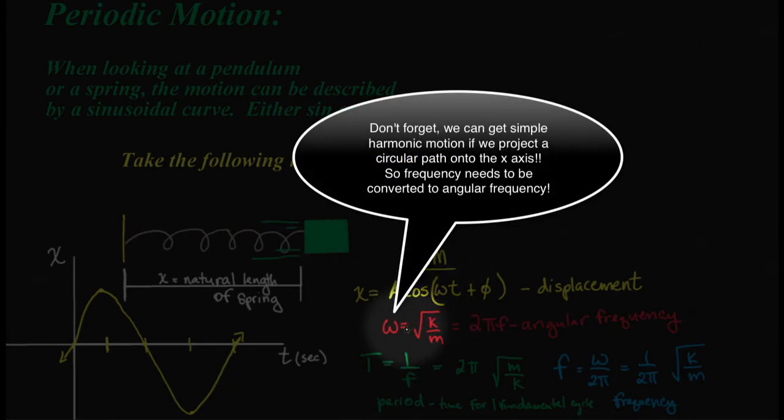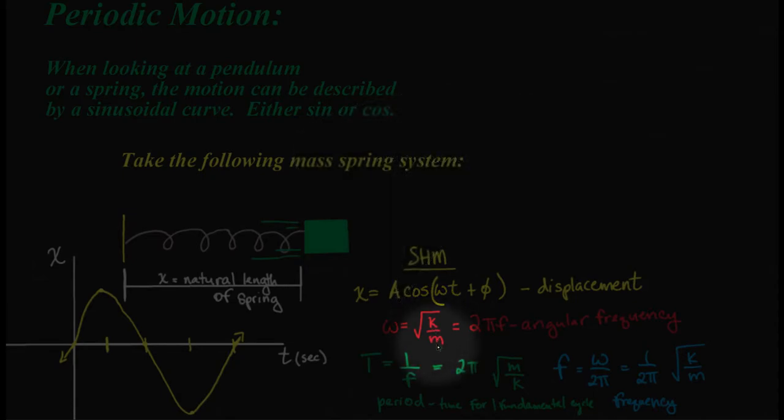The angular frequency is either equal to 2 pi f or the square root of the spring constant divided by its mass. This frequency is the angular frequency over 2 pi, if we divide both sides by 2 pi. And we know that angular frequency is also equal to the square root of k over m, so we can rewrite this formula in terms of frequency.